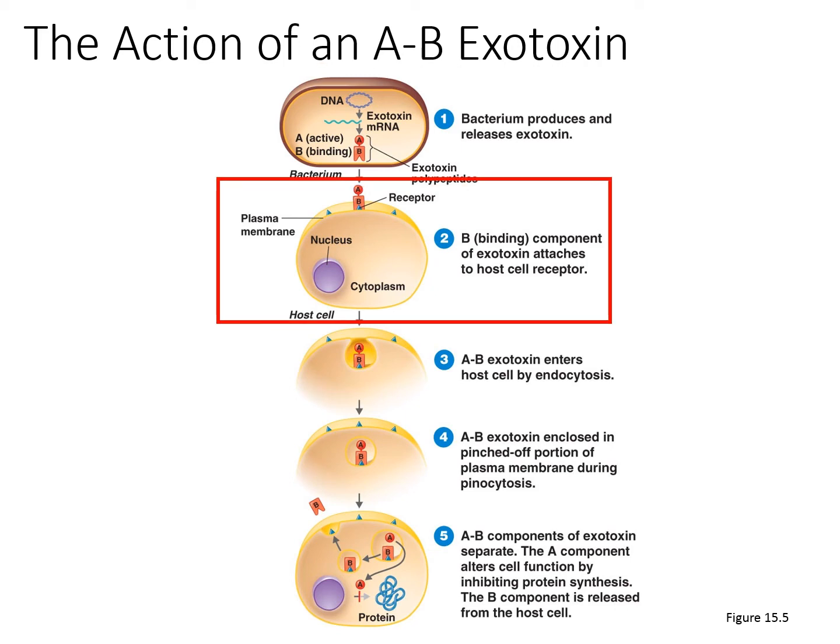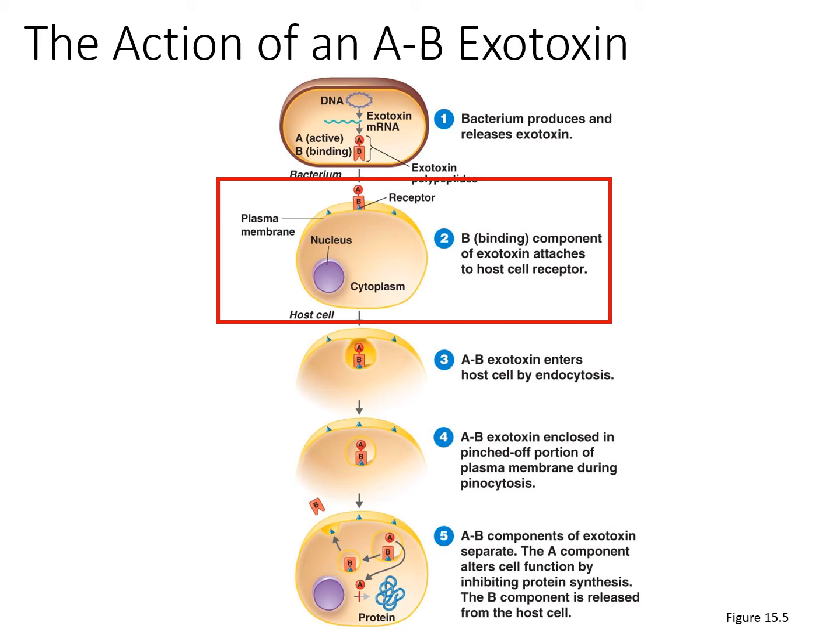In part 2 here, we can see that the AB toxin has been secreted from the bacterial cell and now it's binding to a host cell. So this is a cell within a tissue inside of a host, and its function is about to be disrupted by this toxin. So notice that the B portion of the toxin binds a specific receptor on the host cell.